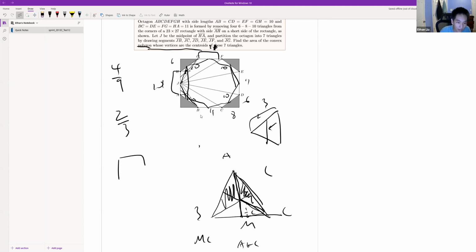Like for example, if I took a square and I zoomed in by a factor of 2, then this square would have area 1/4 of the original, right? And so this is sort of similar to what we're doing here. We are taking 4/9 of the area of the big polygon, and that's the area of the quote unquote smaller polygon. So are we all clear what we have to do now?